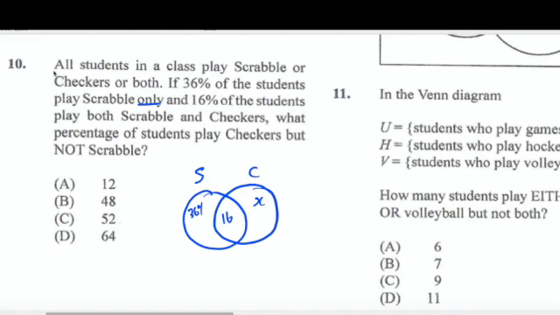So they say all students in the class. And this word all means a lot, because all means 100% since we're talking in percentages here. So therefore this entire figure needs to add up to 100. So we have 16 and we have 36.